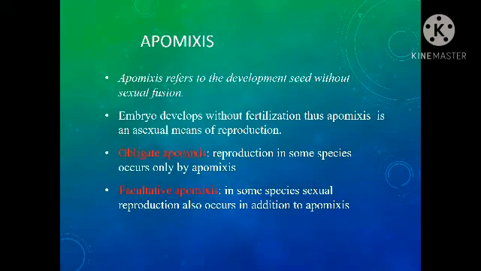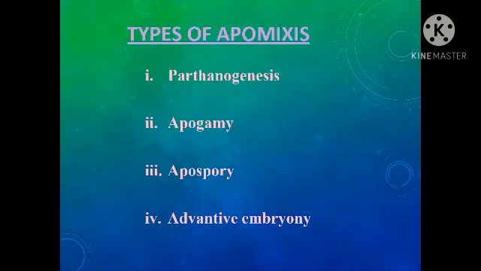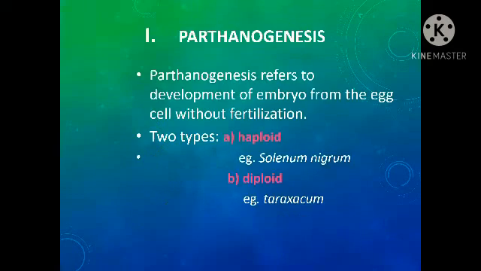Coming to apomixis, the types of apomixis are parthenogenesis, apogamy, apospory, and adventive embryony. Parthenogenesis refers to the development of an embryo from the egg cell without fertilization.